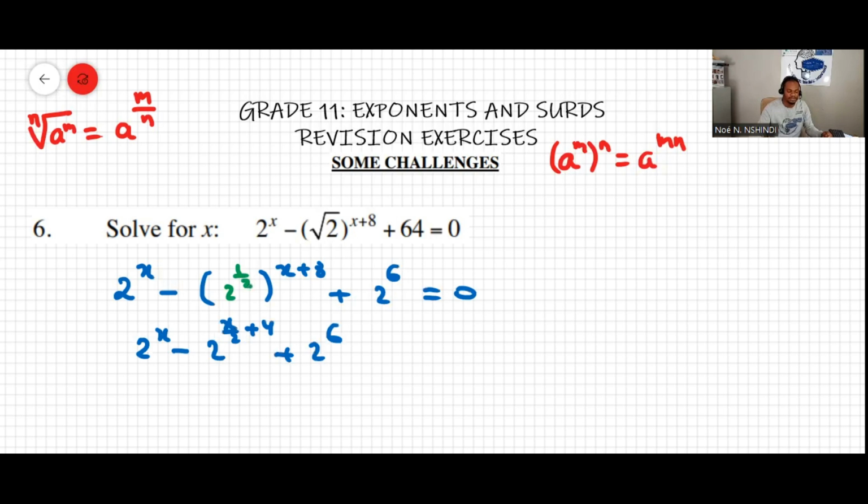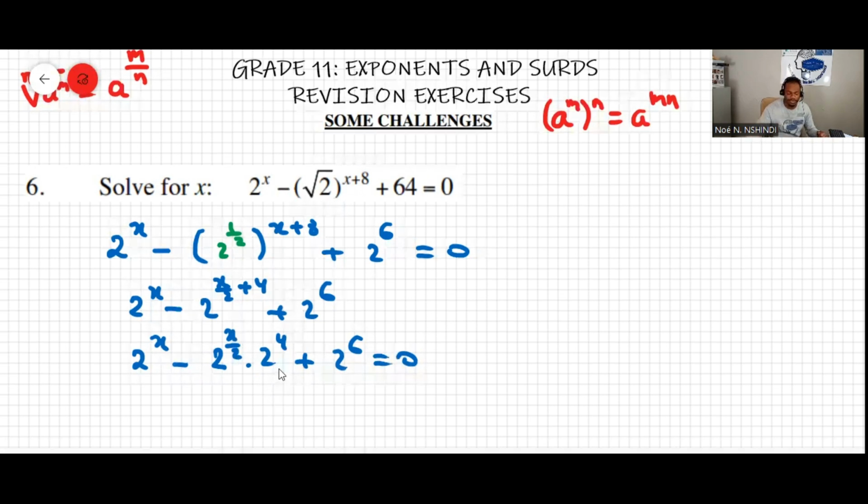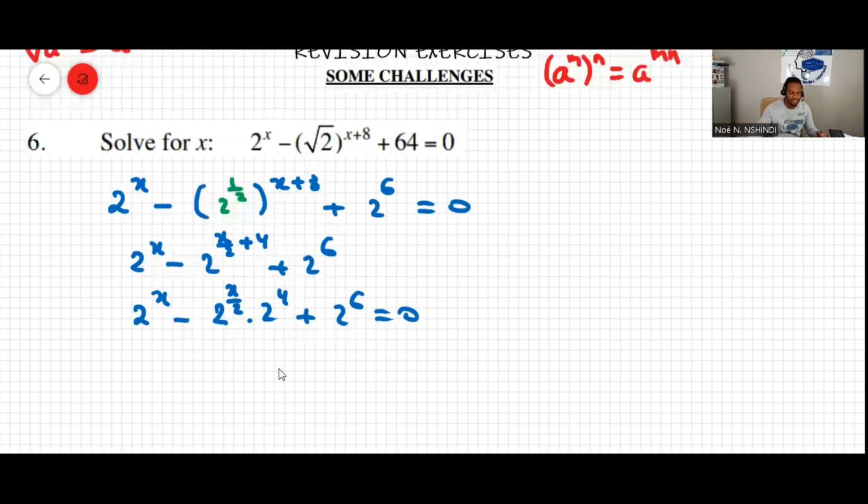We can split this into 2 to the x minus 2 to the x over 2 multiplied by 2 to the 4 plus 2 to the 6 equal to 0. Then we have the form of a trinomial here. Maybe you don't see it yet, but let me prove it to you. The fact that this exponent is a fraction, it's over 2, we can write the equation as follows.